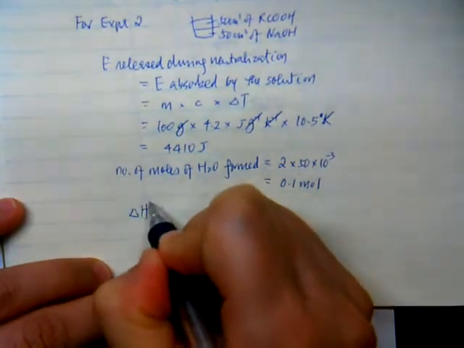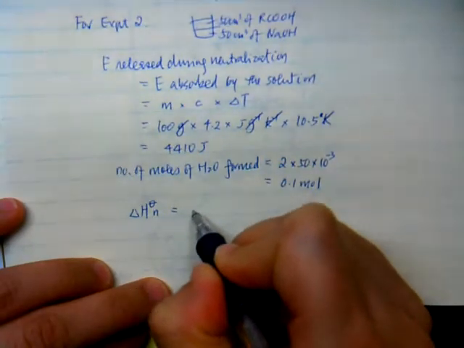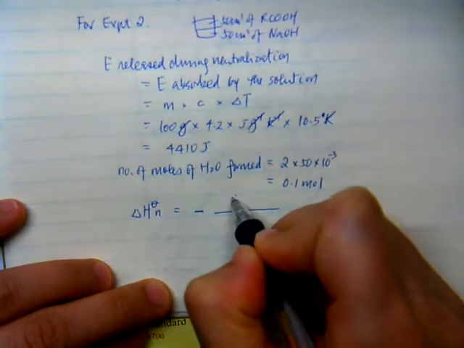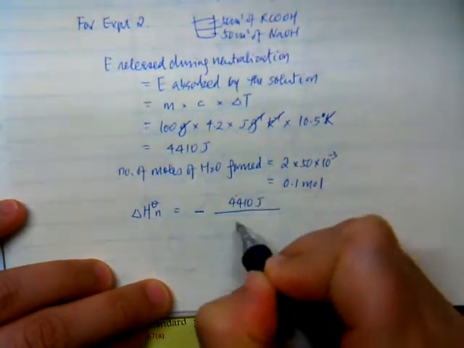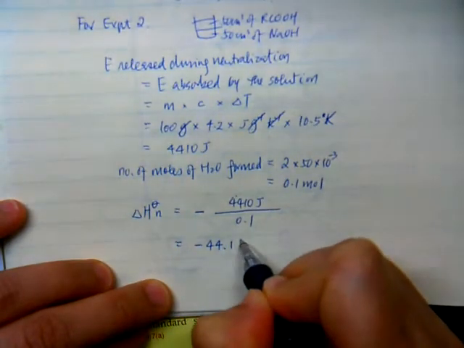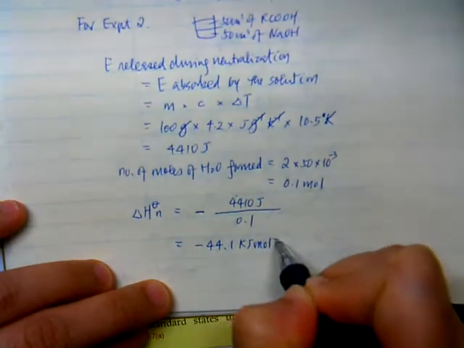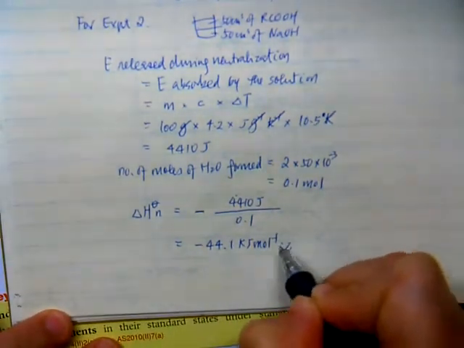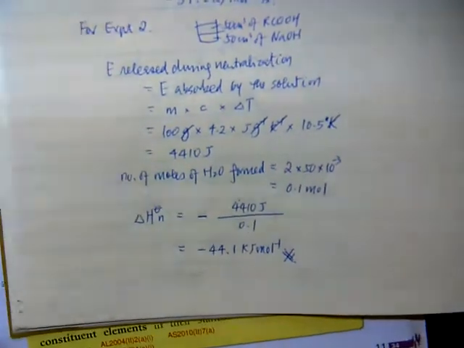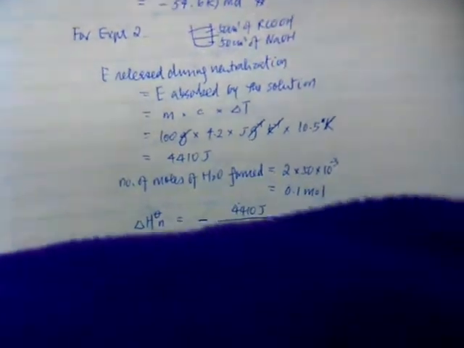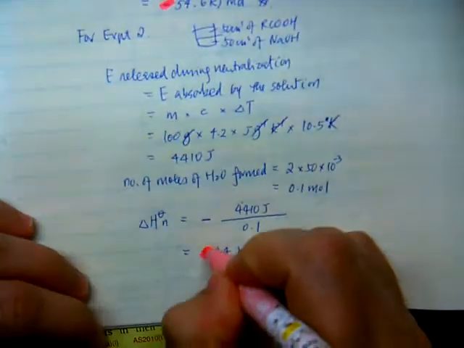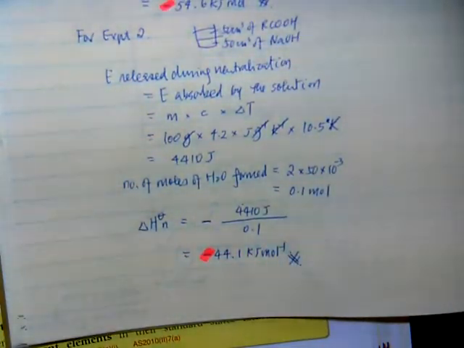Therefore, the heat of neutralization for experiment 2, bear in mind the negative sign, is negative 4410 joule over 0.1, which is negative 44.1 kilojoule per mole. Is there any problem? Okay, now highlight the negative sign. You please try again to see whether you have missed this sign or not. Many students have forgotten this sign.